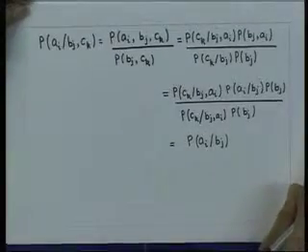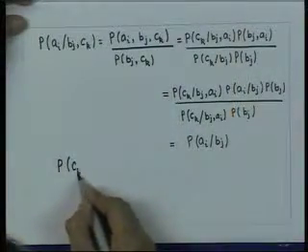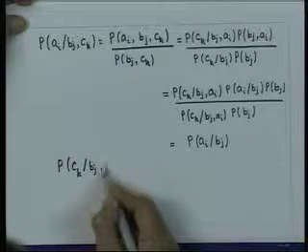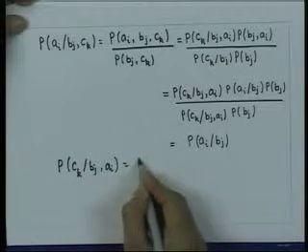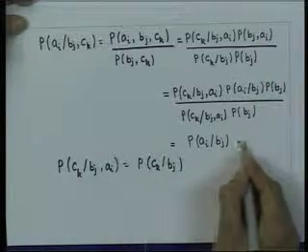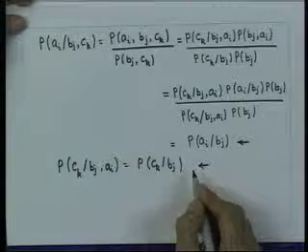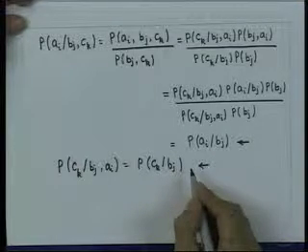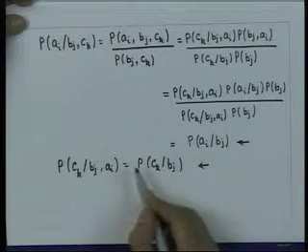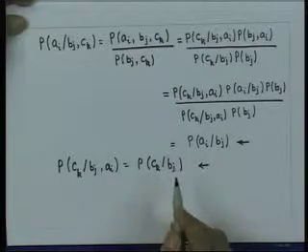Now, it should be emphasized that probability of A_i given B_j, C_k is equal to this, and probability of C_k given B_j, A_i is equal to probability of C_k given B_j. These two relationships are only valid for the case where A, B, C are the alphabets of cascaded channels.